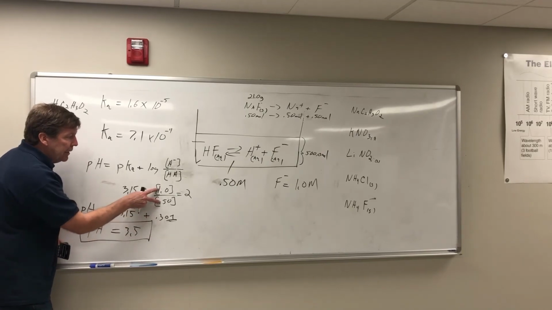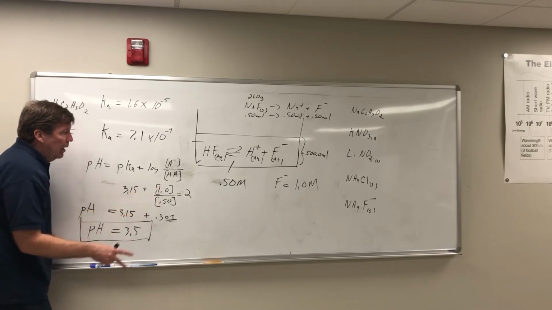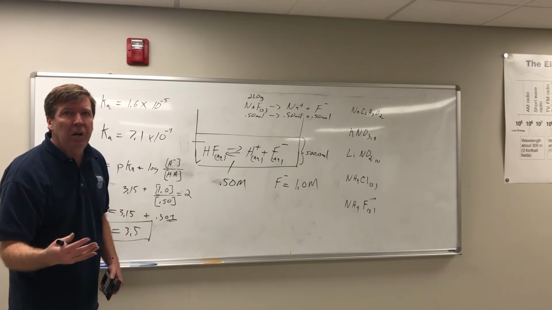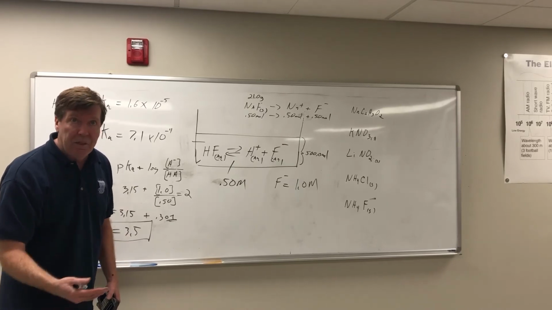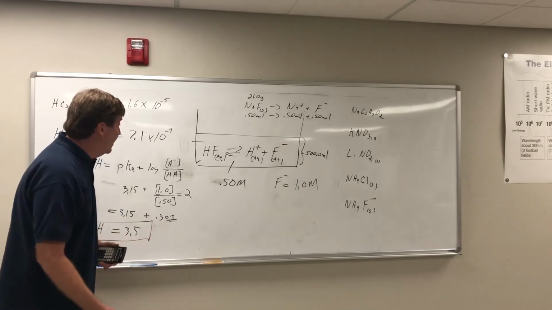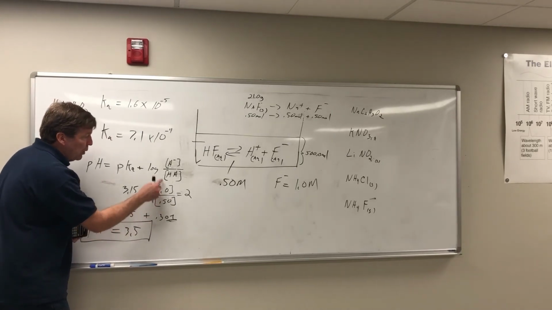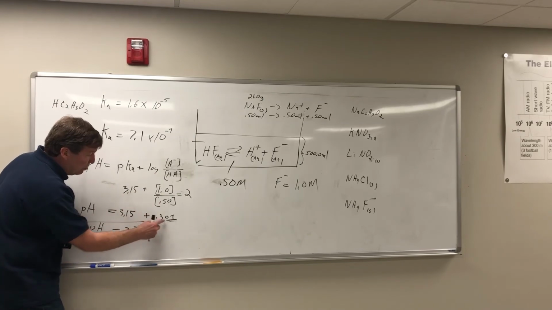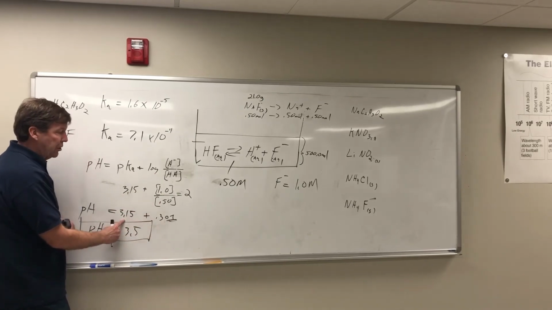If that ratio is below 1, then the log value will be a negative number. So if this ratio is below 1, the log's going to be a negative, and then we'd be subtracting from that value.